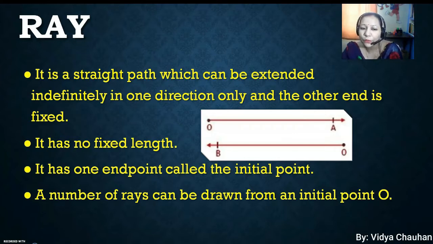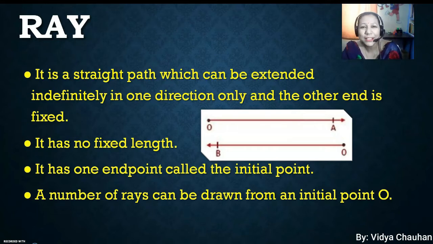From a single point, like the point O you can see here, you can make multiple rays. Like I can draw OA, OB, OC, OX, OY, OZ, any number of rays from this initial point, and that is why it is called the initial point. That means the starting point.